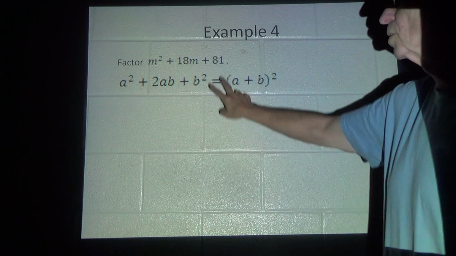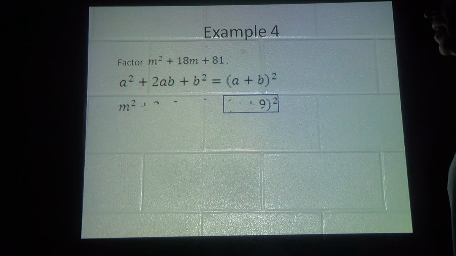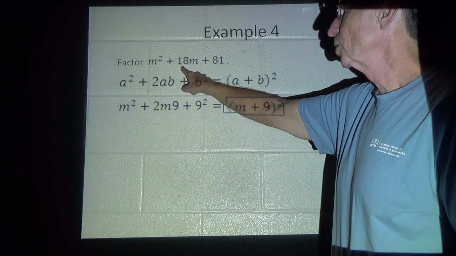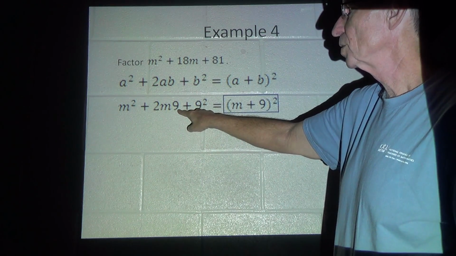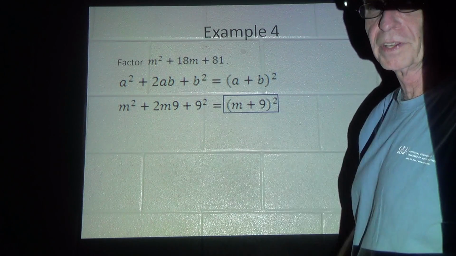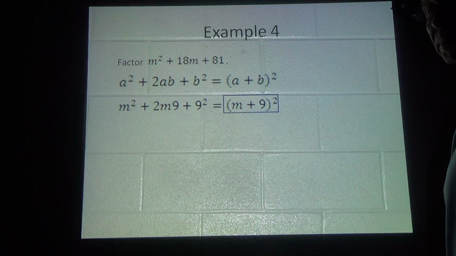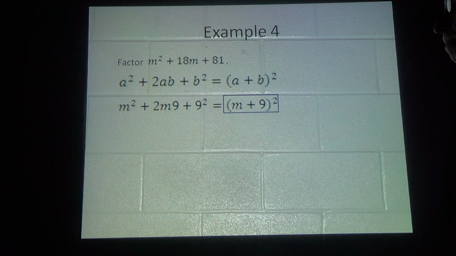So we substitute our trinomial in for this. This gives us m squared plus 2 times half of 18, which is 9, times m plus 9 squared, which is the square root of 81. Okay, so this gives us (m plus 9) squared.